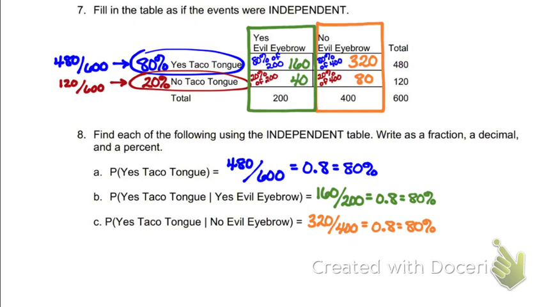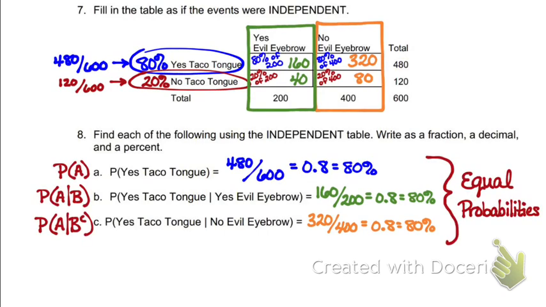What do you notice about these percentages? They're all exactly the same. Did knowing anything about evil eyebrow give us any extra information about whether or not they could taco tongue? That's what independent events look like. When my probabilities are equal, the probability of yes to taco tongue stays the same no matter what other information I have. Those are independent events.